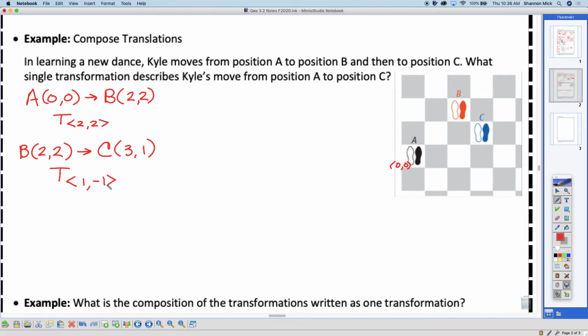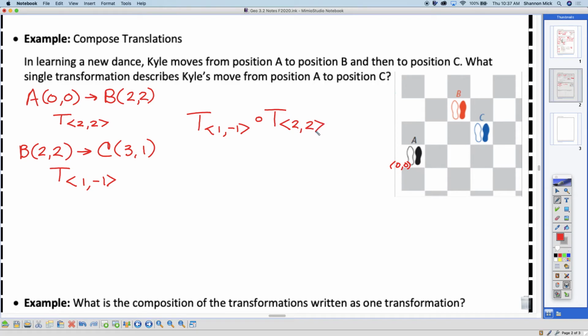See what just happened? I just figured out what I did. So what I actually have here is the composition of T, translate 1, negative 1, composed with the translation 2, 2.